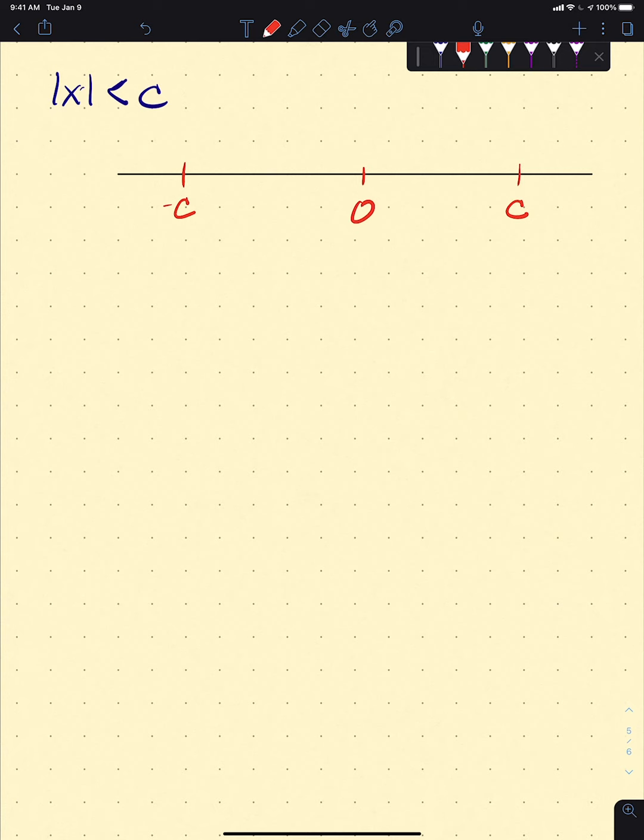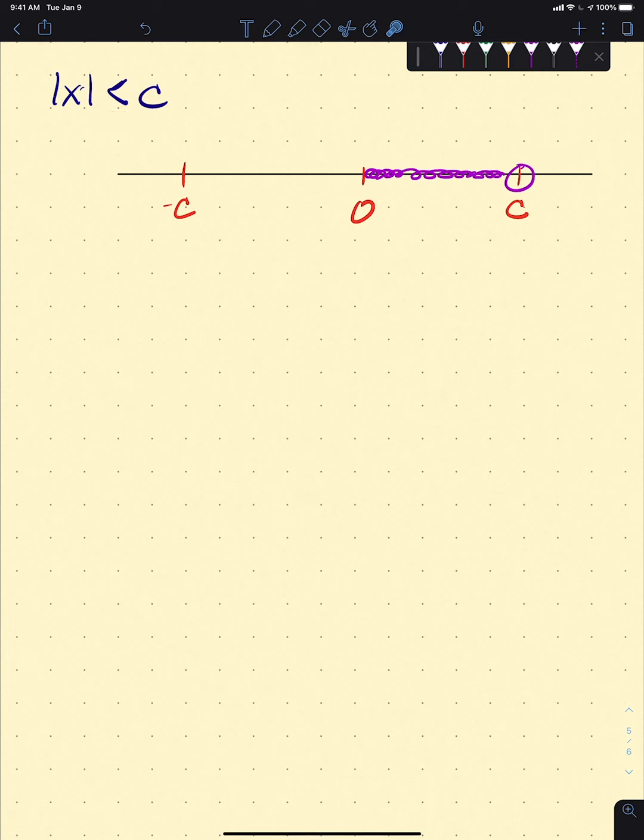Well, if it's greater than or equal to 0, then these absolute value bars mean nothing. And we know that we're going to get this set here: all of the x where we're less than c and greater than 0. But what happens if x is negative? If x is negative, then the thing that constrains us is that its magnitude must be less than c.